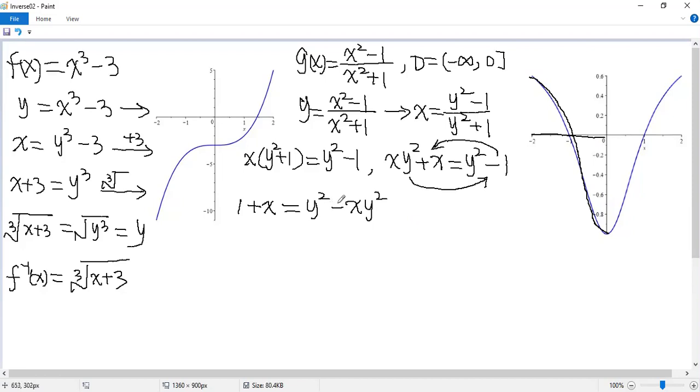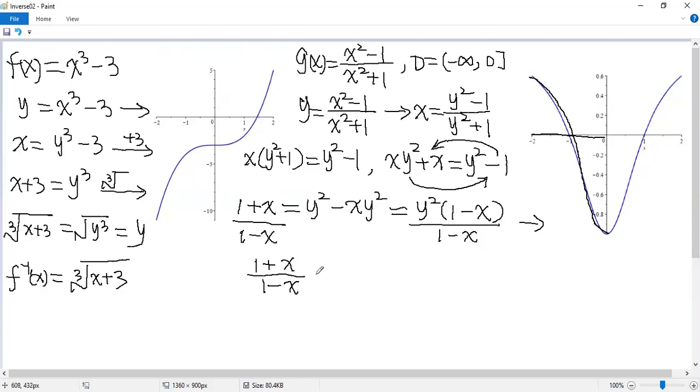Then we can factor the right side: y squared times (1 minus x). Now we can divide both sides by 1 minus x. So we get (1 plus x) over (1 minus x) equals y squared.